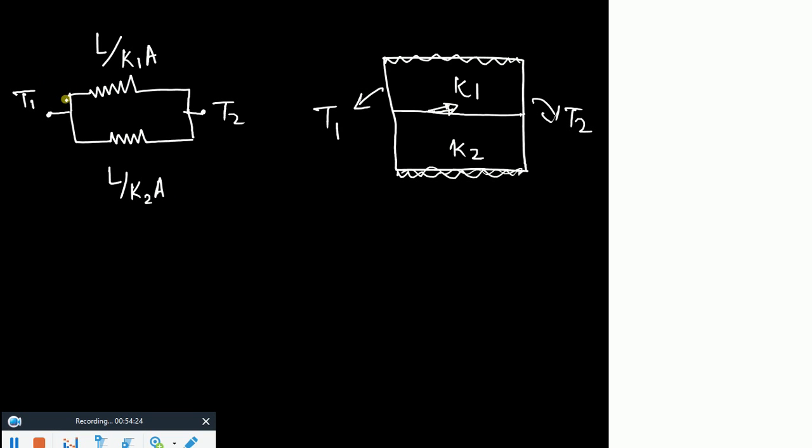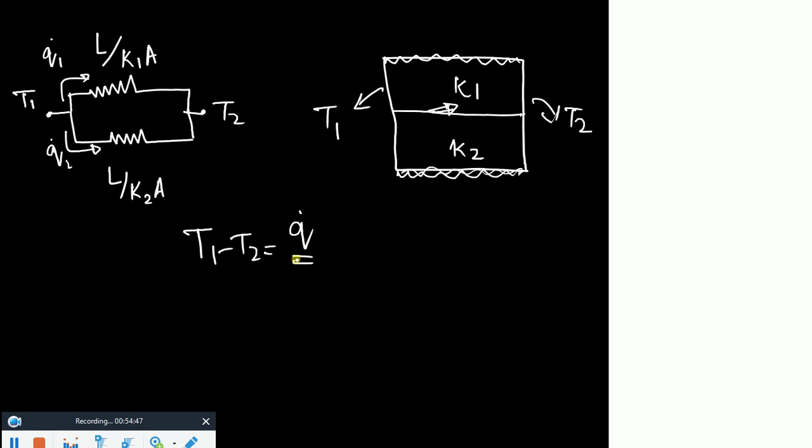Now you can see that this heat transfer rate would be Q1 and this heat transfer rate would be Q2. But you can have a combined, or summed up effect by this relationship, where you can say that T1 minus T2 equals the sum of Q dot.